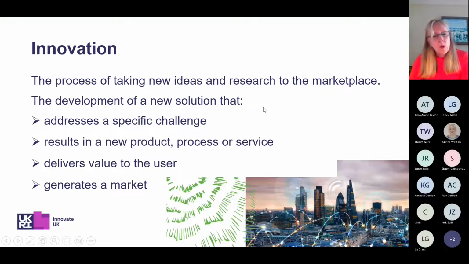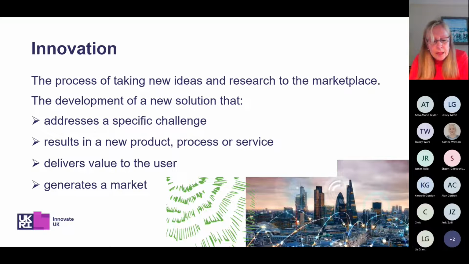So, what do we mean by innovation? Innovation is essentially the process of taking new ideas and research to the marketplace. It's the development of a new solution that addresses a specific challenge or a defined problem. It results in a new product or a process or a service, and it delivers value to the user or customer.